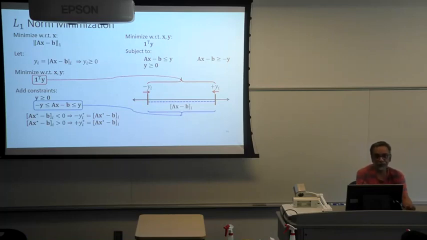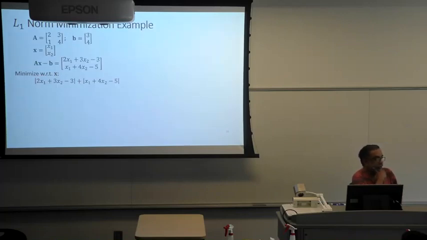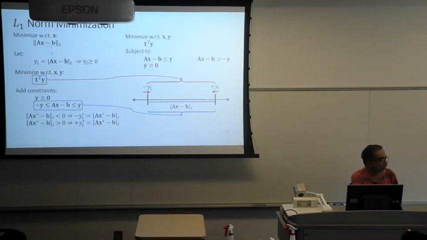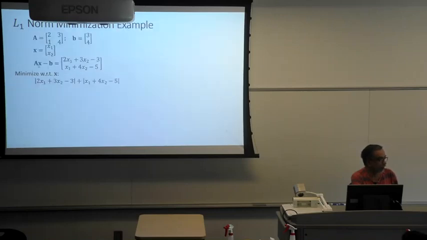Okay? Now, here is an example. I'm trying to minimize the L1 norm of ax minus b. So this is what we want to minimize. Ax minus b equals this. So I'm trying to minimize this.